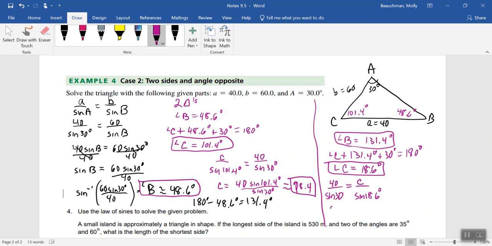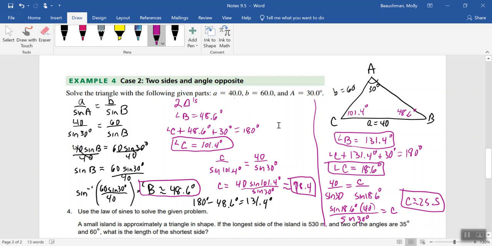Multiply both sides by the sine of 18.6 degrees times 40 over the sine of 30, and that will give us side length c. So side length c is equal to approximately 25.5 in the second triangle. So that's the case where you have two possibilities.